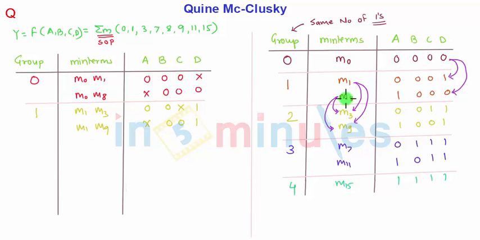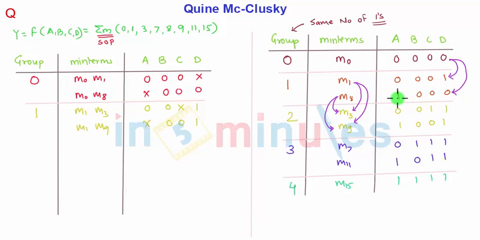Now M8, if you compare M8 with M3, what you have here is the A bit is different, the C bit is different, the D bit is different, so you cannot take this combination. M8 M3 is a prohibited state. Why? Because only 1 bit difference should be there and the rest of the bits should be the same. Here there is a 3 bit difference.